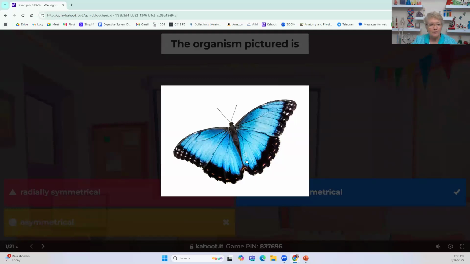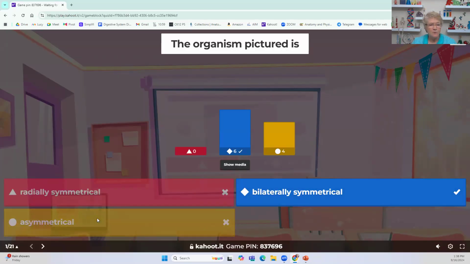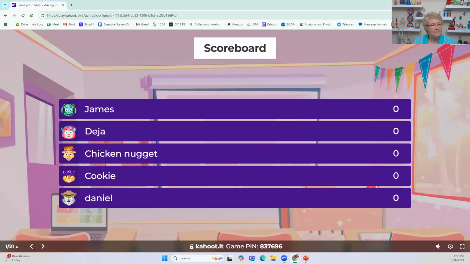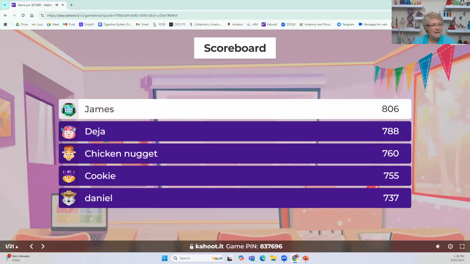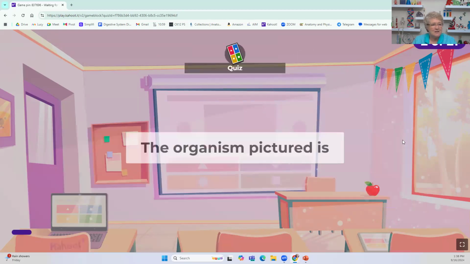So we are bilaterally symmetrical. The term asymmetrical, right here, means it doesn't have any symmetry at all. And the only animal that is asymmetrical is a sponge. The only one. All right. James got there first. Deja's close behind with chicken nugget in third. Here we go. Question 2.